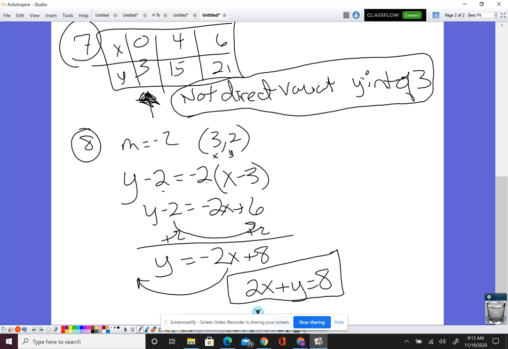I add the 2 to both sides to get the constant terms together. So the 6 plus the 2 give me my 8. I'm going to add 2x to both sides to get the x over there with the y. So that becomes +2x plus y equals 8. We check to see no fractions, x and y on one side, constant term on the other. That gives us our standard form.